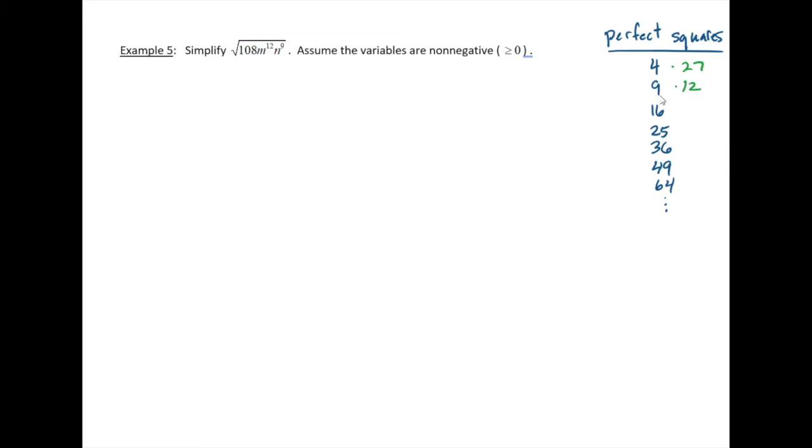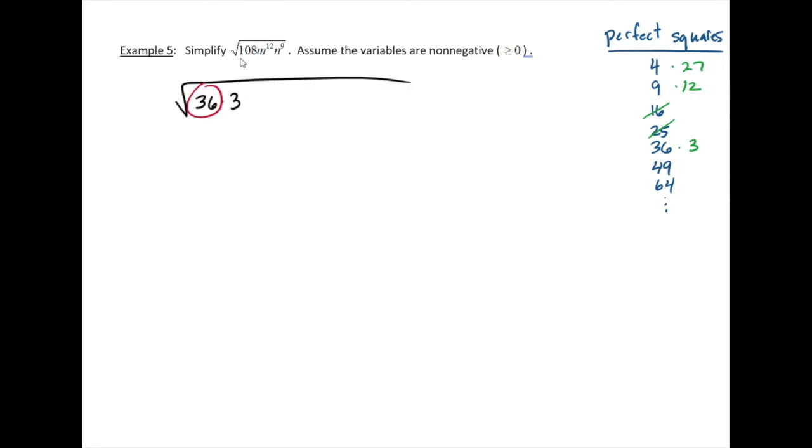So 9 is also a factor. 16 does not divide evenly into 108. 25 does not divide evenly, but 36 does. 108 divided by 36 is equal to 3. If we keep going through this list, 36 is the largest perfect square that divides evenly, or is a factor of 108.